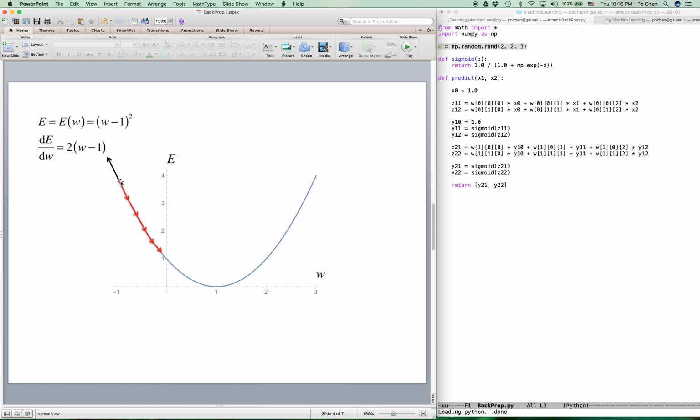But if you are at another point and you change W a little bit, you could get a very large derivative, which means how fast the error actually changes, right? If you want to be precise, it's how fast E increases with W, right?